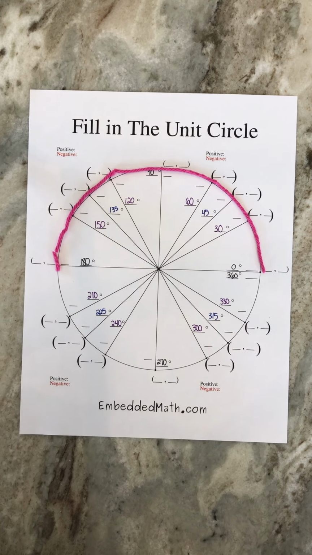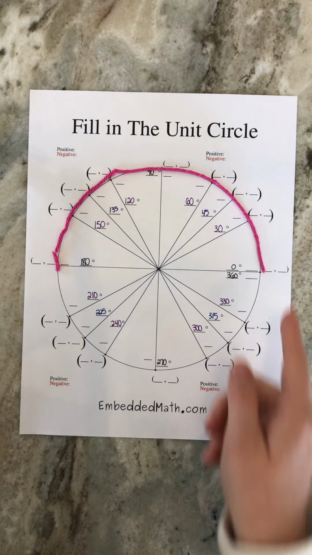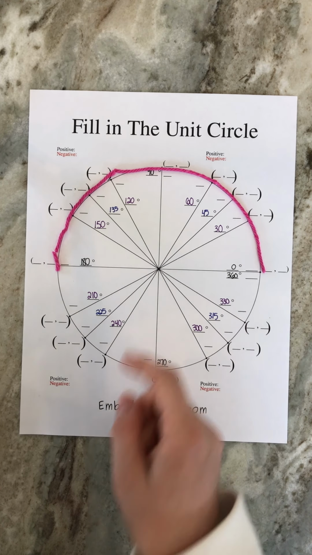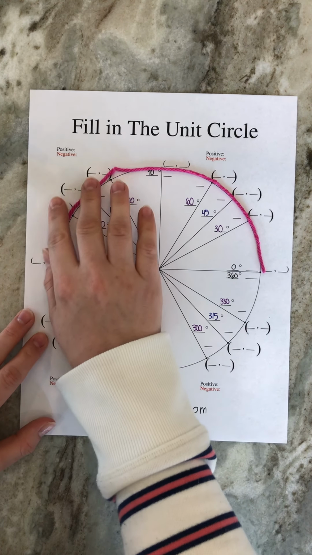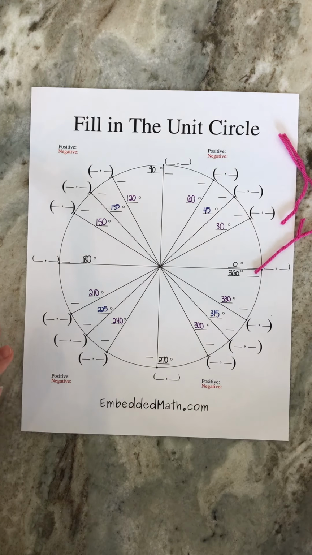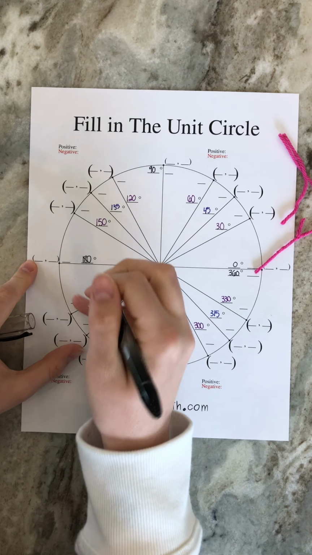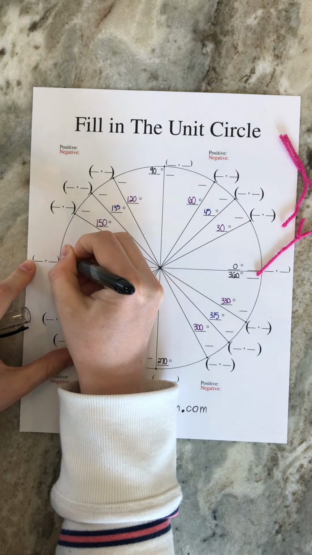It turns out that that little bit extra is equal to 0.14. So 3.14, or pi radians, is actually equal to 180 degrees. So I'm going to start labeling that right here. 180 degrees is pi radians.